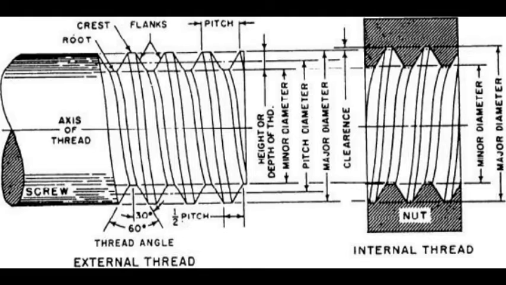When added to the pitch diameter, the cumulative effects of deviations from specified profile for a specified length of engagement give the functional diameter. So this is the clear-cut information about the screw thread terminology and nomenclature. I hope everyone understands this concept.